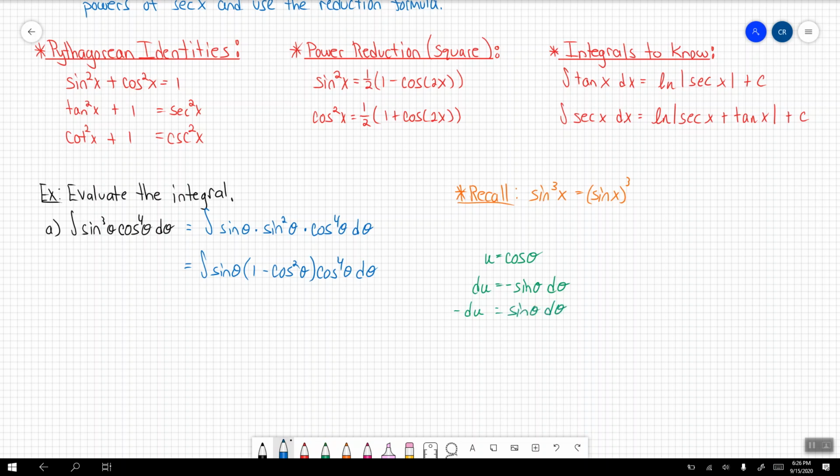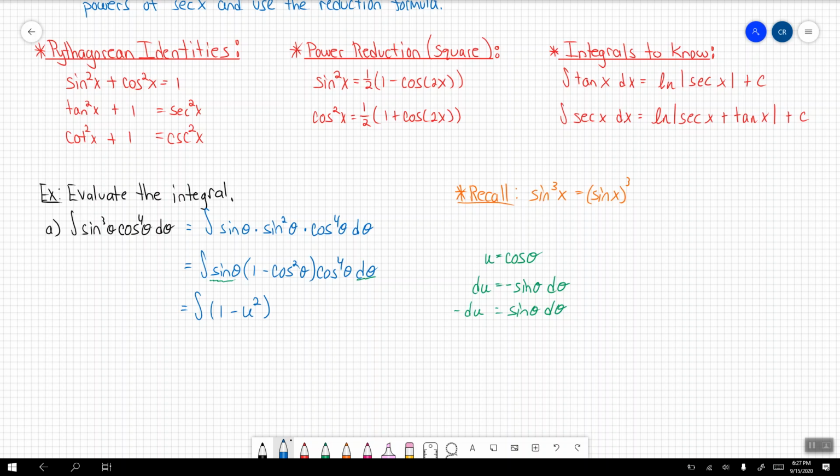And again, I say that's good because at this time we have sine of theta. So again, we have this sine of theta d theta, and that's going to be my new negative du. Now I also have in my factors this 1 minus cosine squared, but remember, cosine is now u, so this is 1 minus u squared.